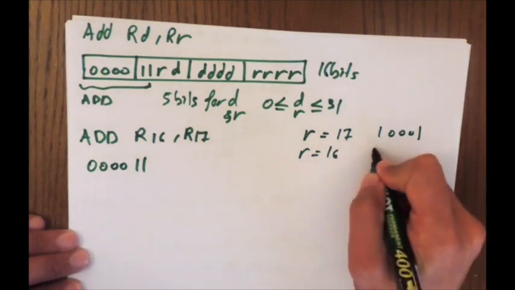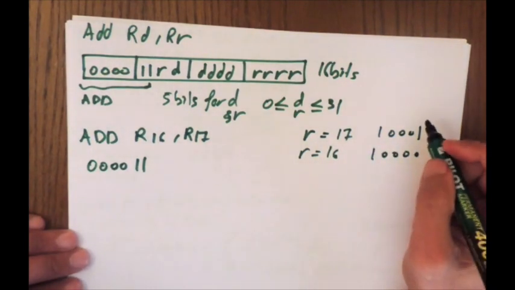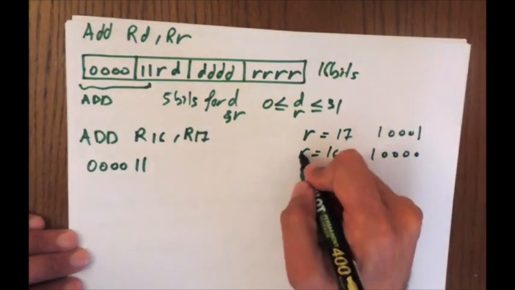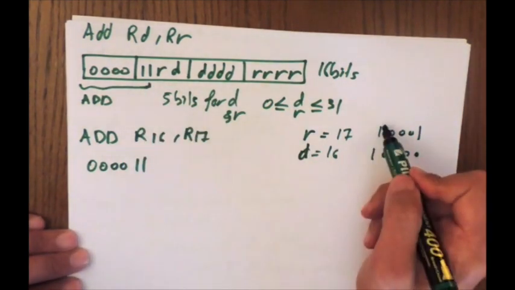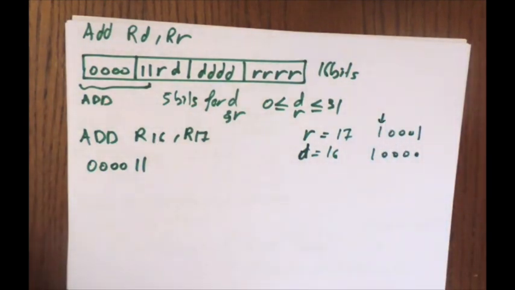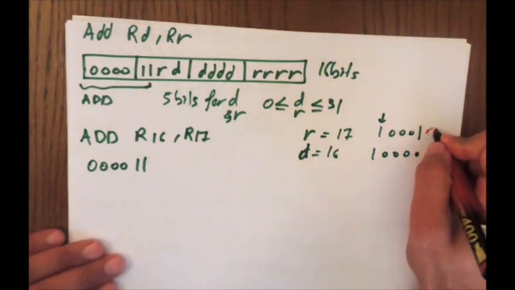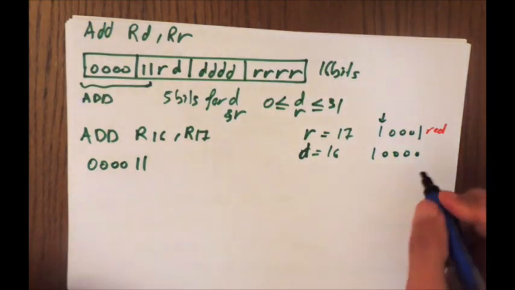D is 16, it's going to be 1 0 0 0 0. Okay, so R has 1 here, so I'm going to place this one here. I'm going to put R in red, and D in blue.